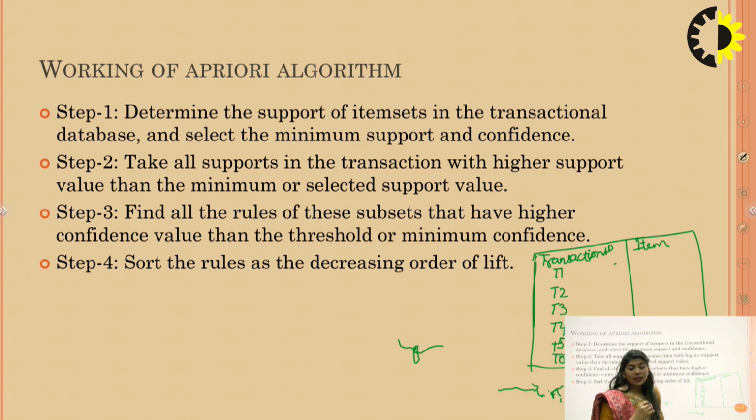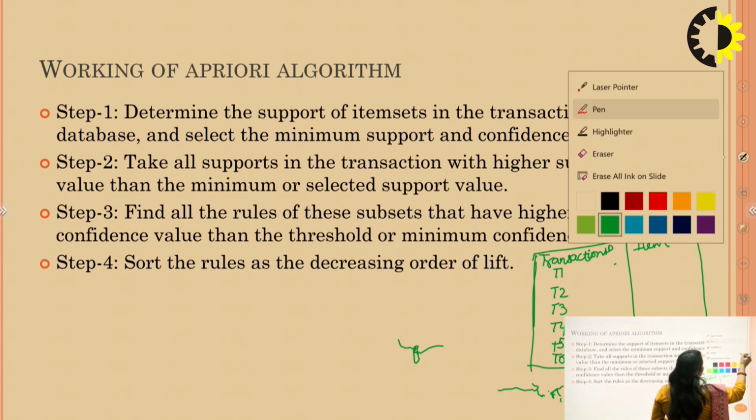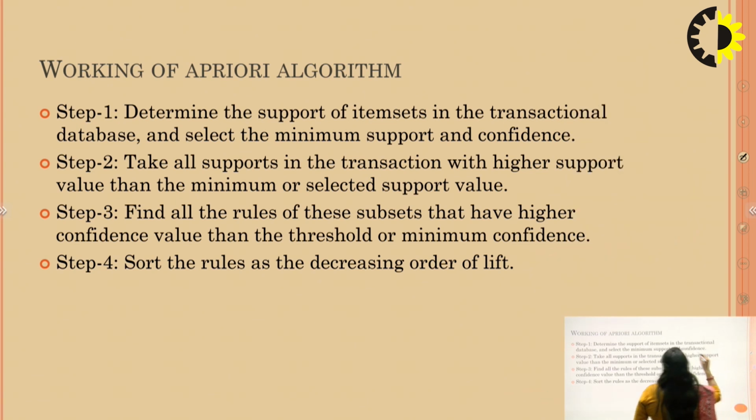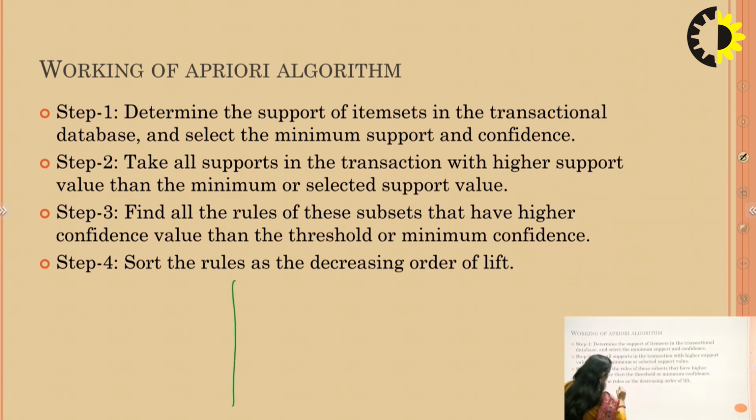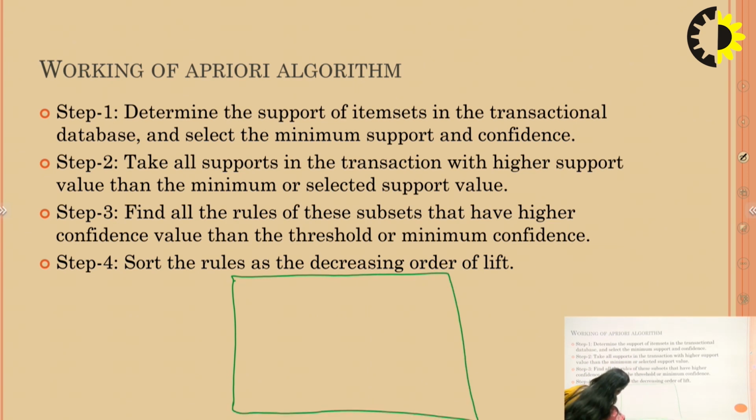Now, what are the item sets in these transaction IDs? I'll write here ID and the item sets.